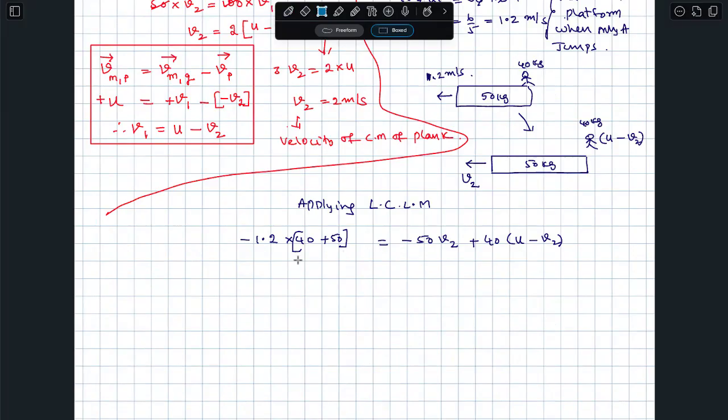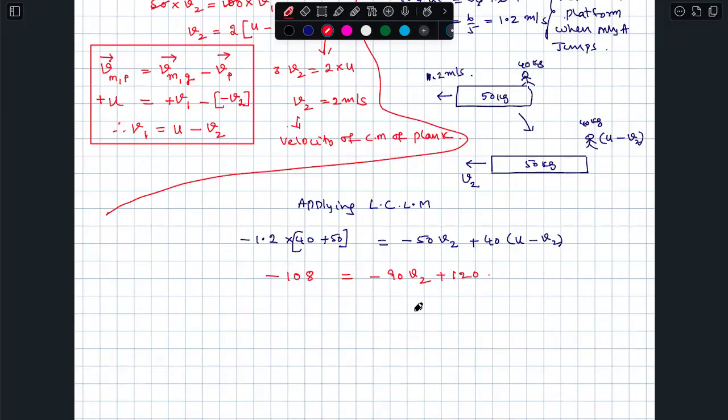So therefore, 90 times 1.2, that is 9 times 12, which is 108. This is minus 108, equal to minus 90 V2 plus 40 into 3, which is 120.